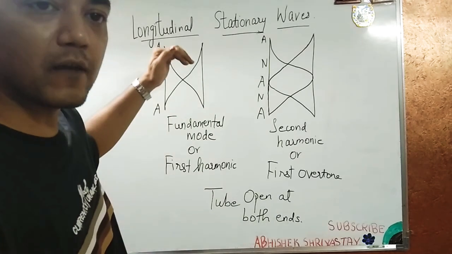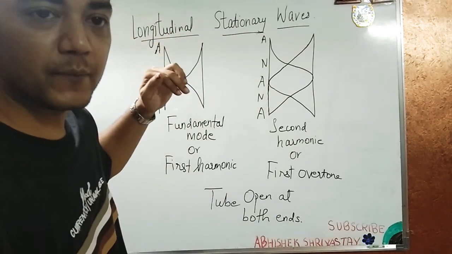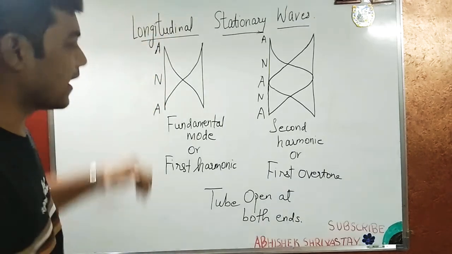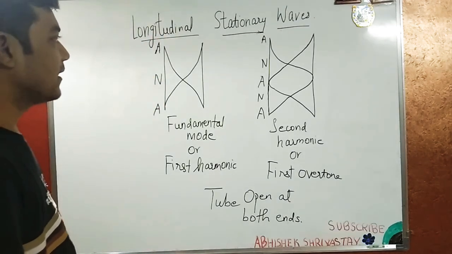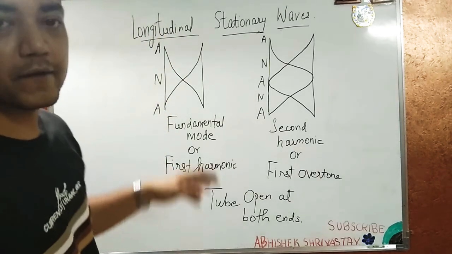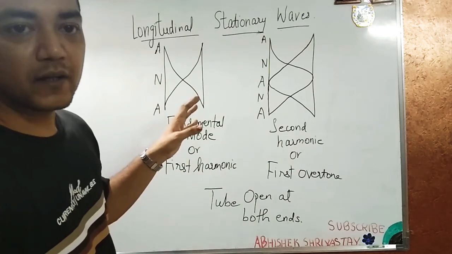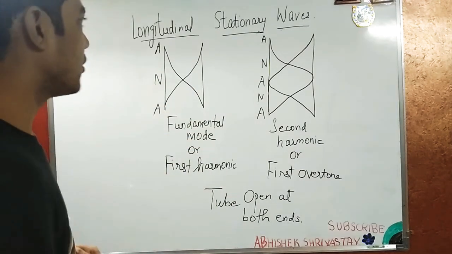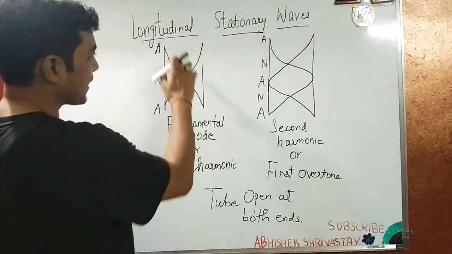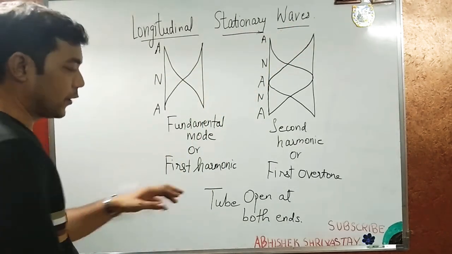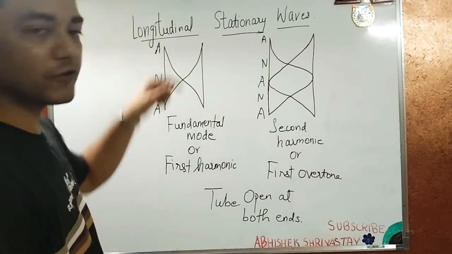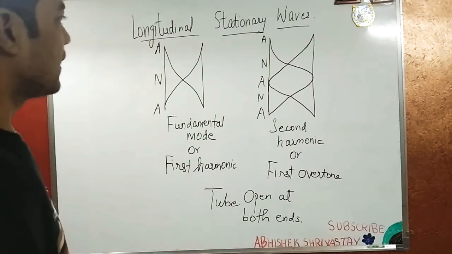The longitudinal wave will travel downwards in this air column, and there will be reflection of this wave. So you get longitudinal stationary waves inside this tube.